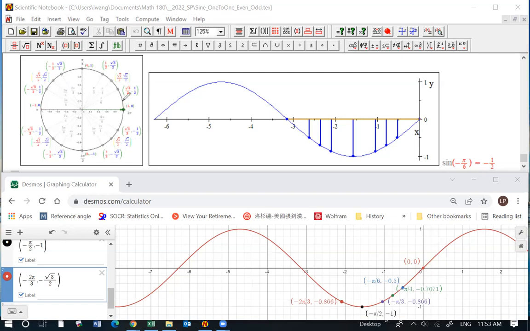So since we know the +3 pi over 4 on this side, right? So this piece is -3 pi over 4, if that makes sense to you. Okay, so that's -3 pi over 4.